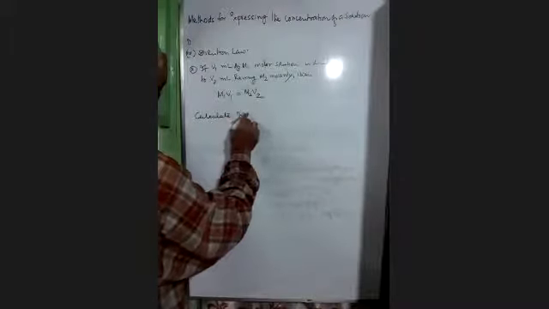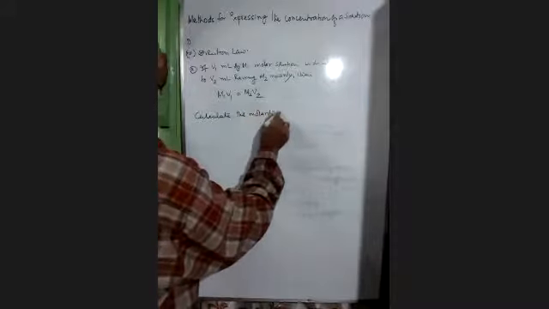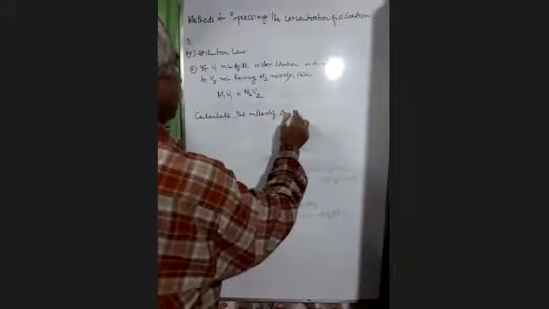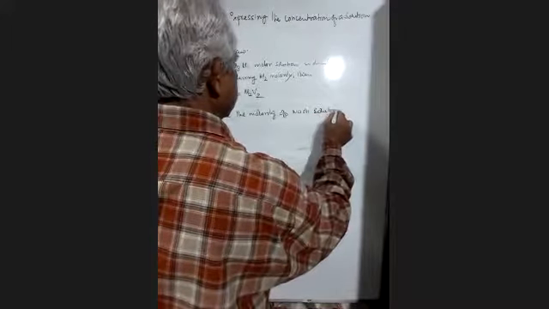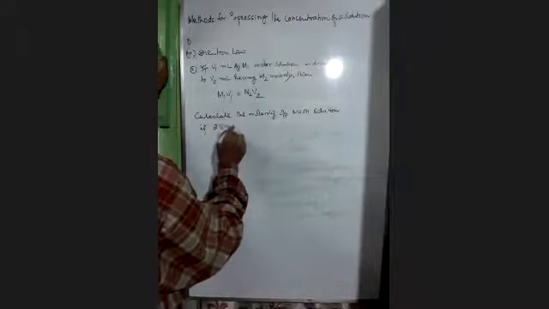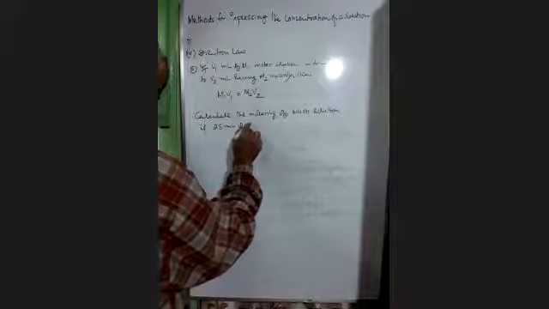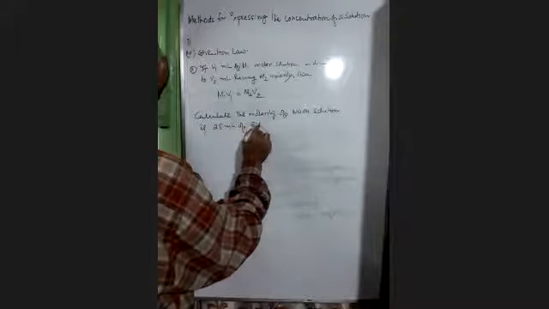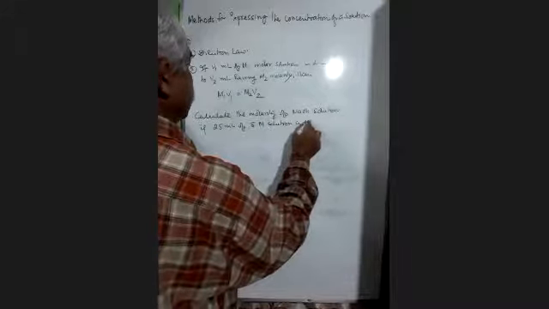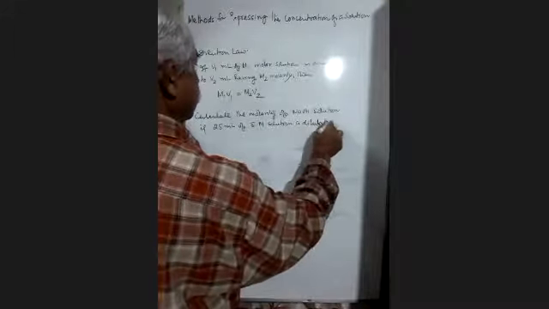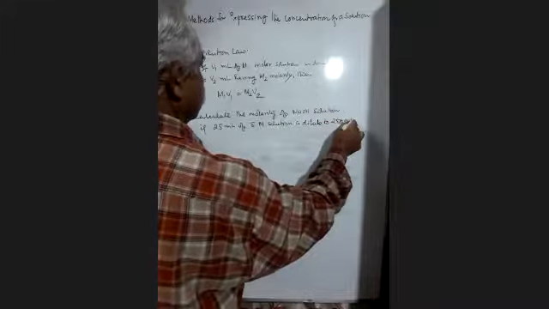Calculate the molarity of sodium hydroxide solution if 25 ml of 5 molar solution is diluted to 250 ml.